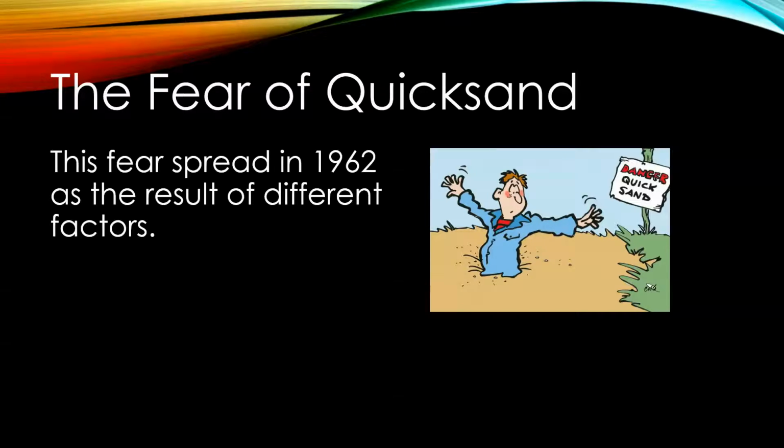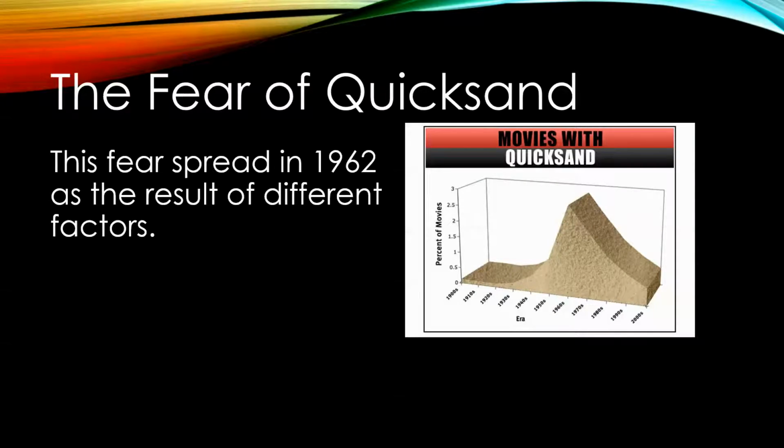One simple reasoning behind this phenomenon is found in the appearance of quicksand in movies and pop culture at the time. In 1962, quicksand was featured in movies like Lawrence of Arabia and other Oscar winners like Woman in the Dunes. In fact, a whopping 3%, or 1 in 35, of all movies made featured quicksand, truly a massive number. Simultaneously, the war in Vietnam was popularly being called a war of quicksand, or similarly, a quagmire.